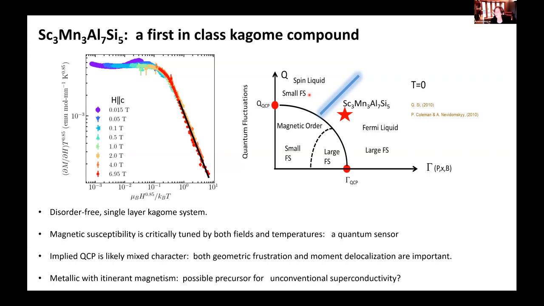And just as a last self-indulgent point, I'd like to also say that one of the reasons why people are interested in finding quantum spin liquids really dates back to a proposal by Phil Anderson in the 1970s, which was that these frustrated systems would be good sources for unconventional superconductivity, provided that they were metallic.